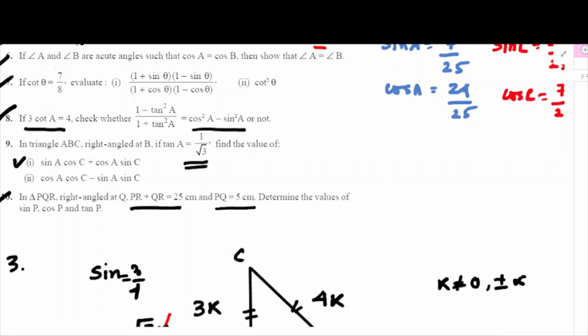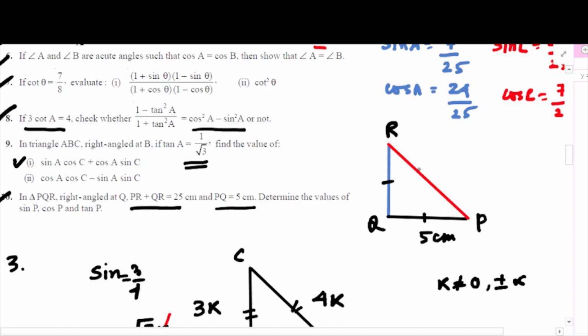Okay, so we can draw the figure here only. So I'm going to draw the triangle PQR. You have a triangle PQR, right angle at Q. So let it be P, let it be R. And here PQ is given as 5 centimeter.